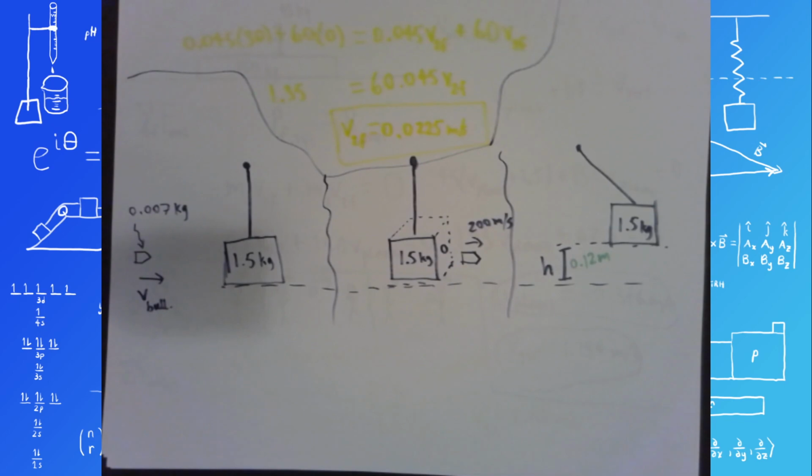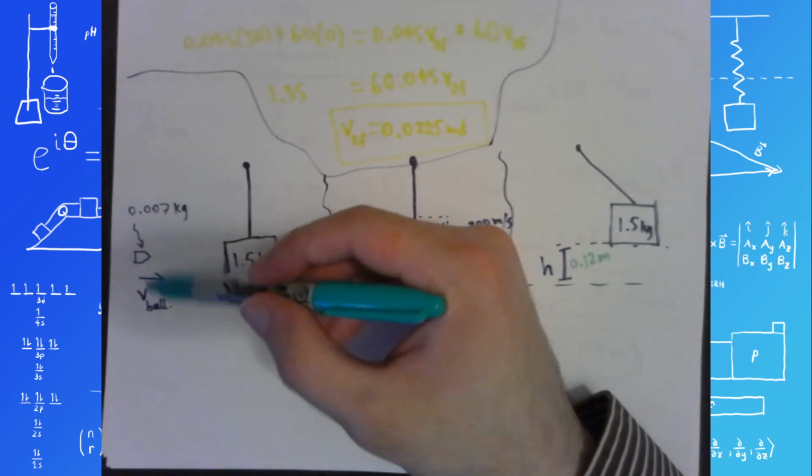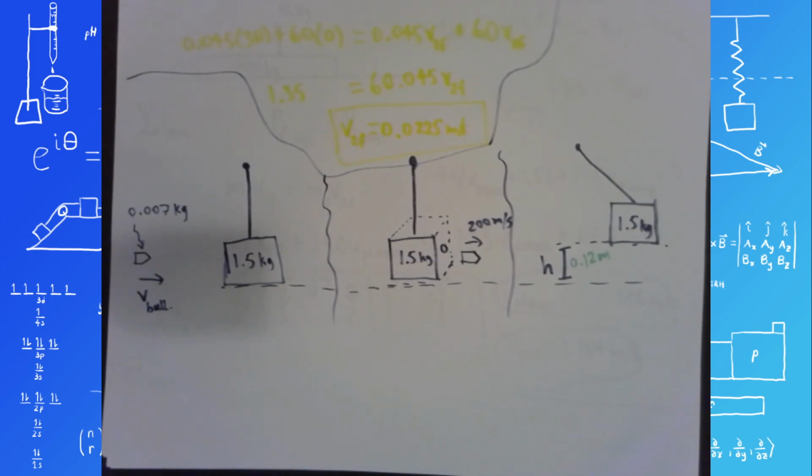At least in the horizontal direction. Horizontally, the only forces acting on the bullet and the block during the collision are the forces that the bullet and block exert on each other. So yeah, net external force in the x direction is 0, and in the y direction, technically gravity is going to have an effect on this bullet.